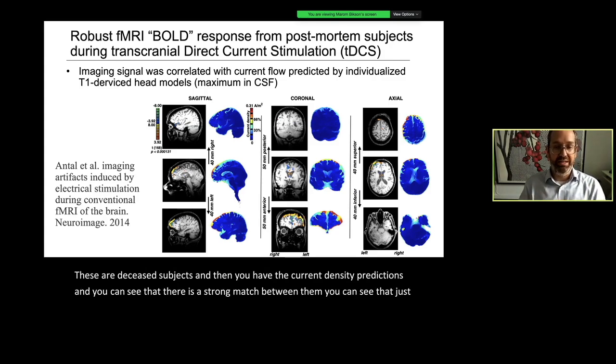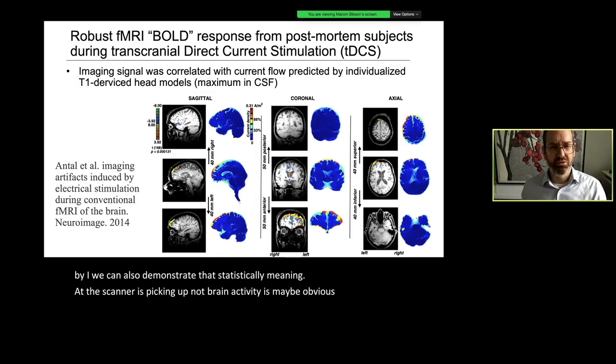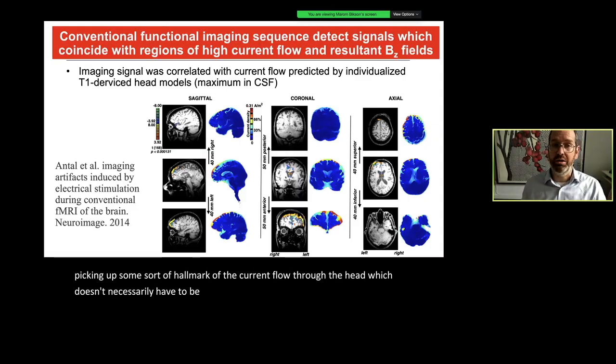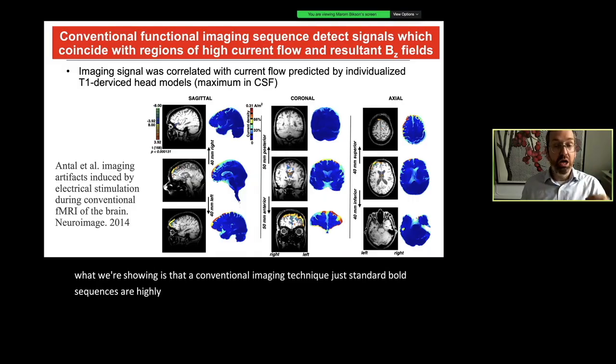We can also demonstrate that statistically, meaning that the scanner is picking up not brain activity, as was maybe obvious, but it's actually picking up some sort of hallmark of the current flow through the head, which doesn't necessarily have to be the brain. It can be the CSF as well. And so really what we're showing is that a conventional imaging technique, just standard BOLD sequences, are highly sensitive to current flow.